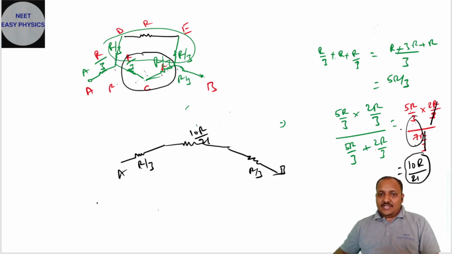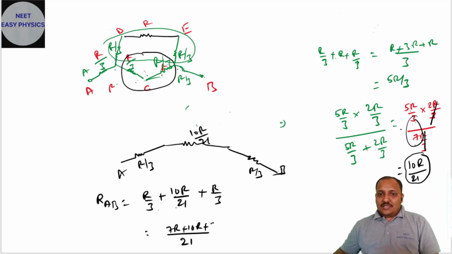Now again R by 3, 10R by 21, R by 3. These three are connected in series. Therefore, the final resistance is R by 3 plus 10R by 21 plus R by 3. Now what is the LCM? 21. So 7R plus 10R plus 7R.